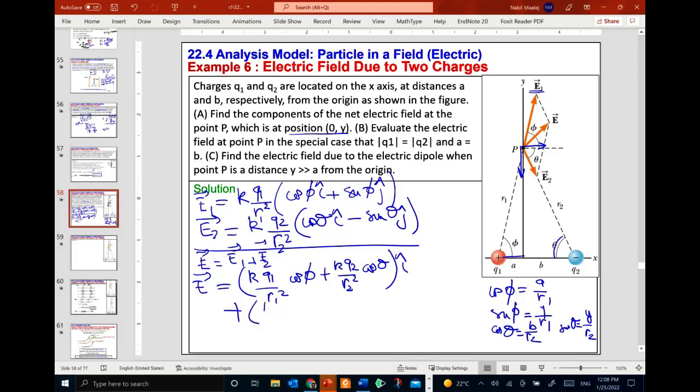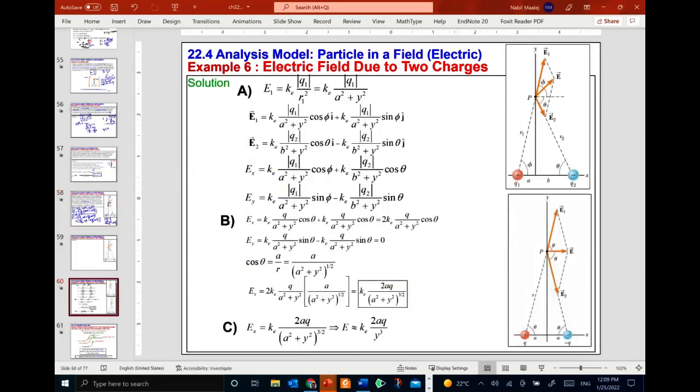So we have k q1 divided by r1 squared sine of phi minus k q2, sorry, divided by r2 squared sine of theta, times j. So now I have the x and the y components of the total field. This is the x component, and this is the y component.